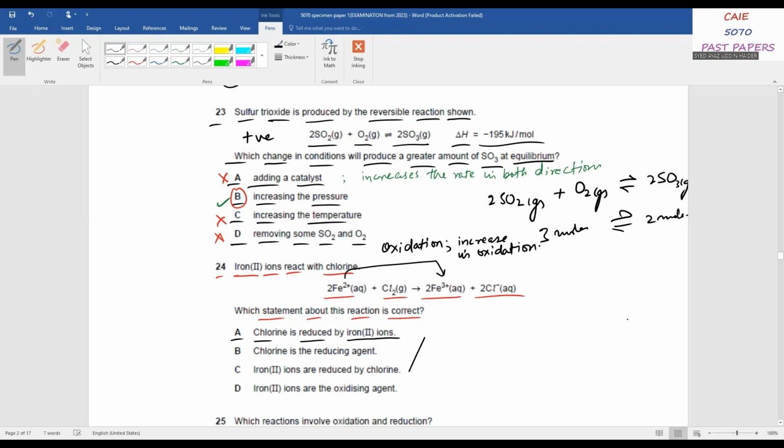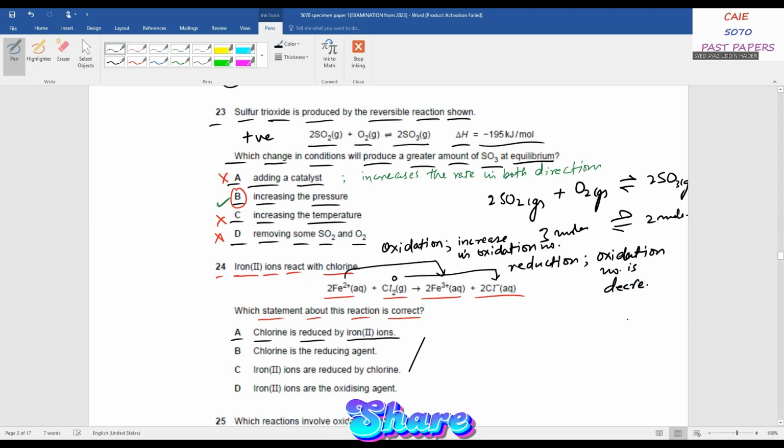For Cl2, the oxidation state is 0. So it's changing to -1, which means reduction because the oxidation number decreases here. You can even say it has gained 1 electron. So choice A, chlorine is reduced by iron 2 ions. This looks correct to me.